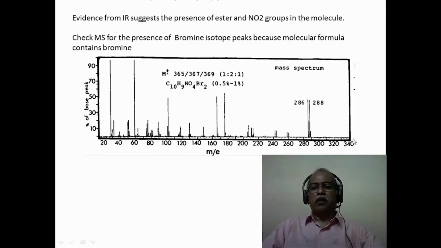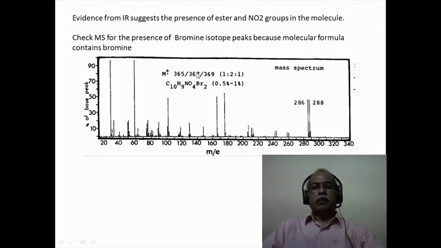In fact, the spectrum here goes up to only 340 m/z value. However, the spectral information is provided in the printout here, namely the 365, 367, 369 peaks in the ratio of 1:2:1 with a relative abundance of roughly 0.5 to 1% or so is mentioned here.